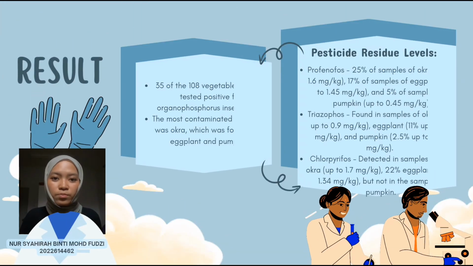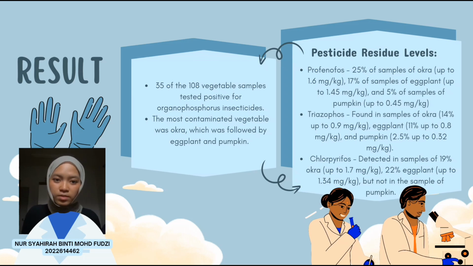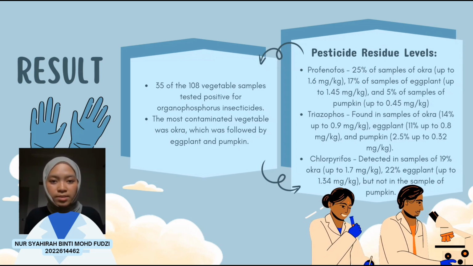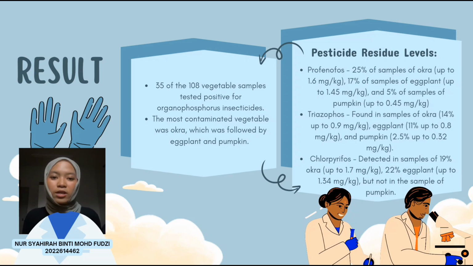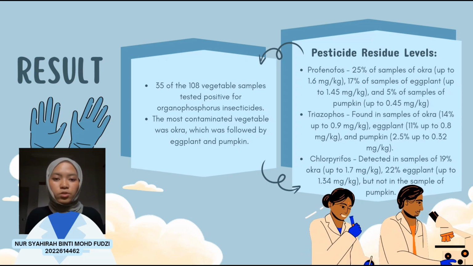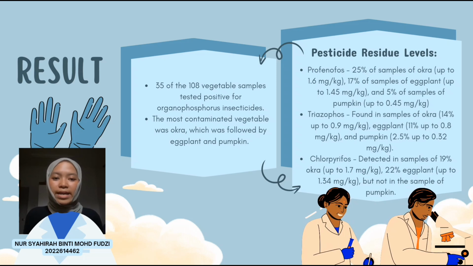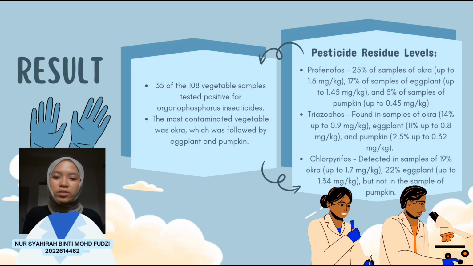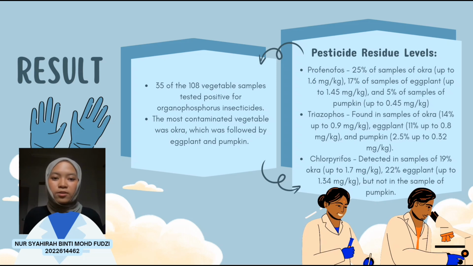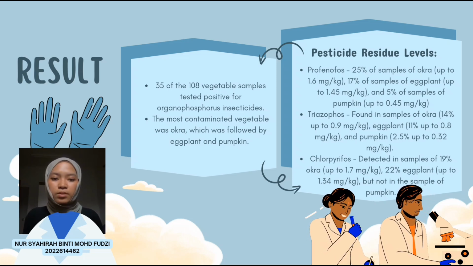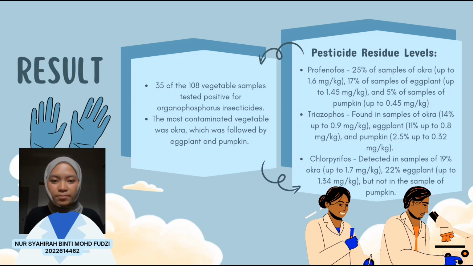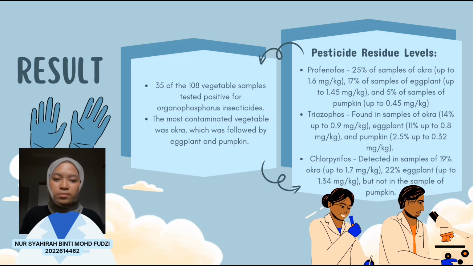Hi, back with me. So for this part, I want to explain the results. Based on our topic, 35 of the 100 vegetable samples tested positive for organophosphorus insecticides. The most contaminated vegetable was okra, followed by eggplant and pumpkin. From the aspect of pesticide residue level, profenofos was found in 25% of okra samples, 17% of eggplant, and 5% of pumpkin.